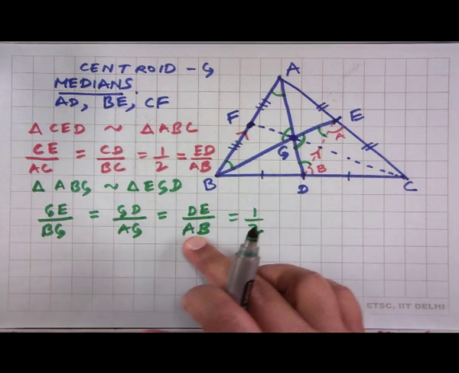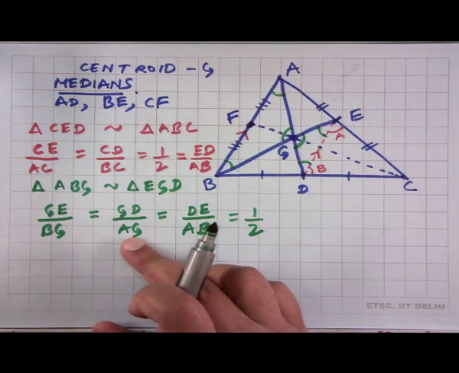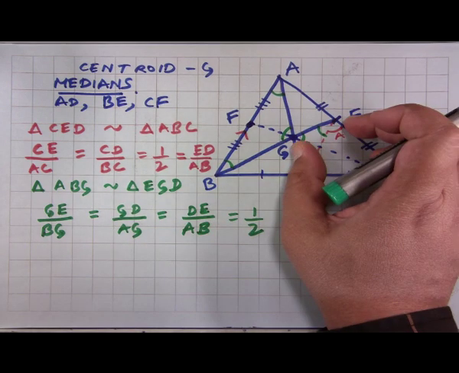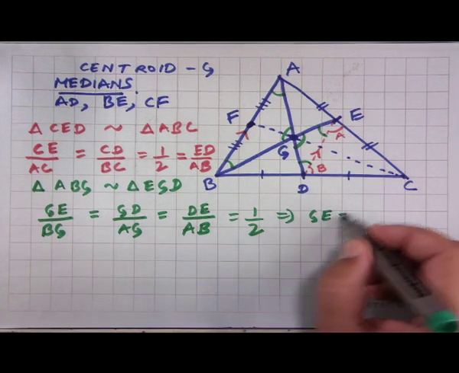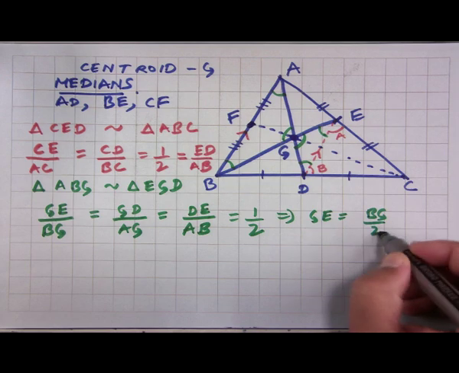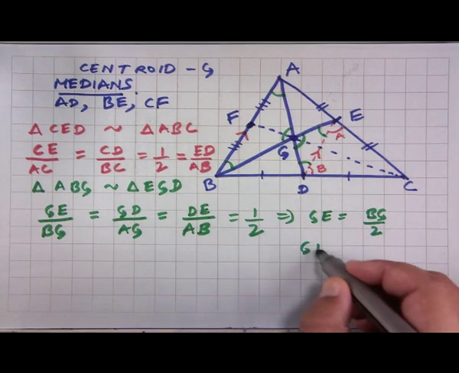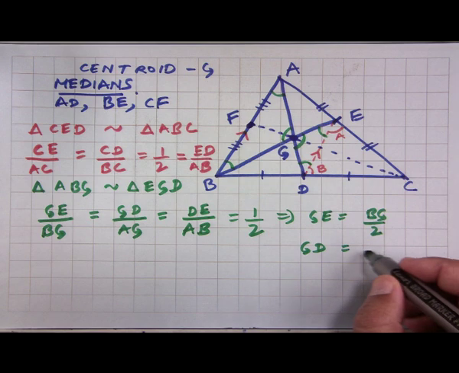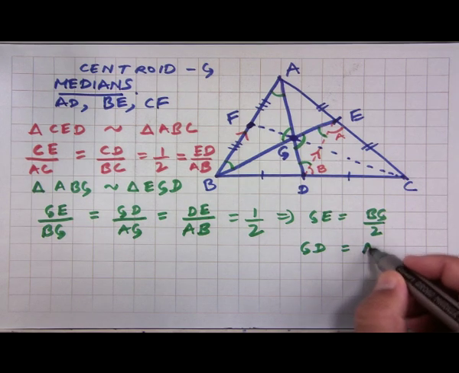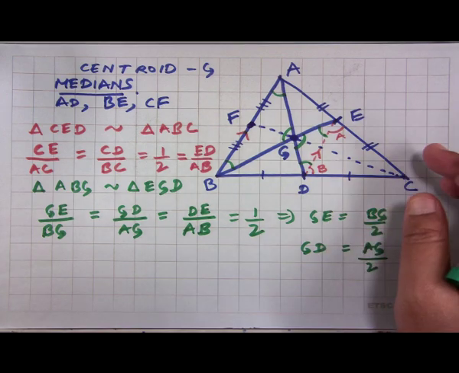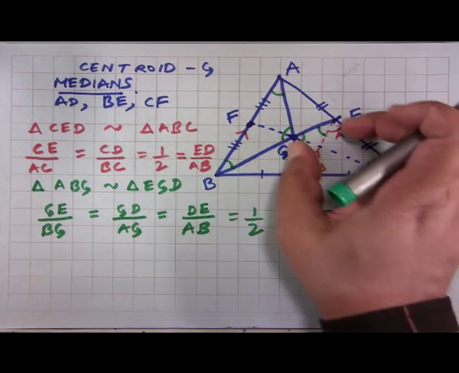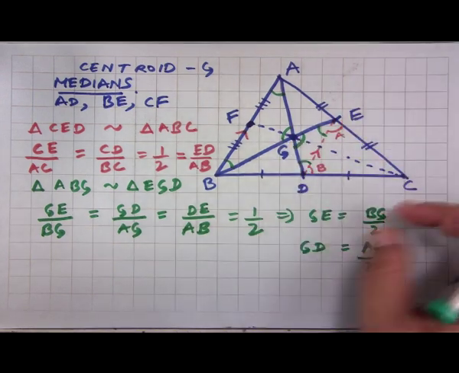And because this ratio is equal to these two other ratios, it follows that GE is equal to half of BG, and also that GD is equal to half of AG. Geometrically that can be visualized as GE being half of BG.